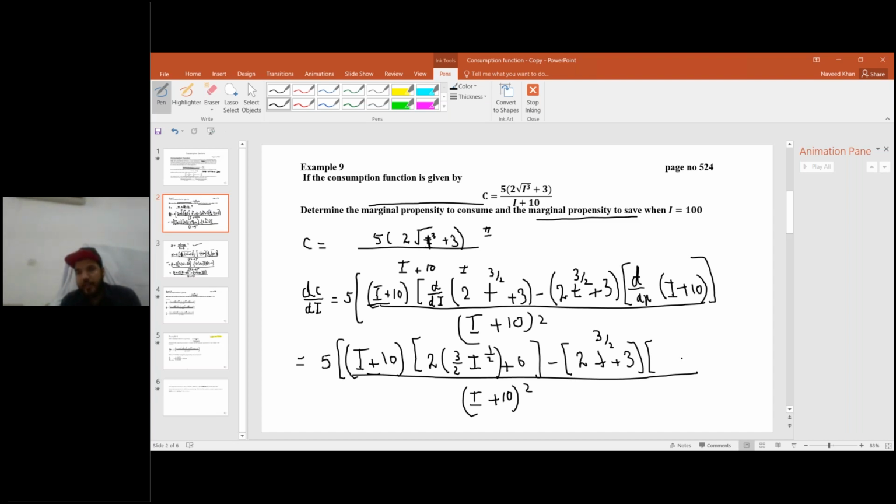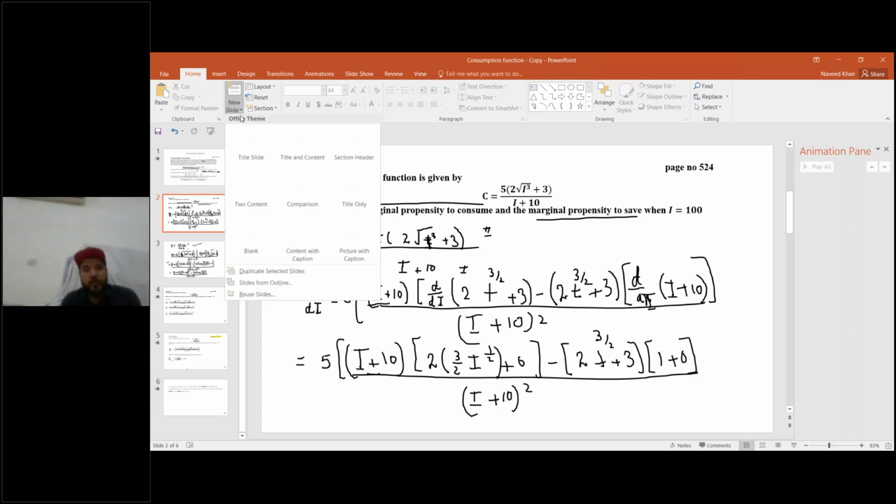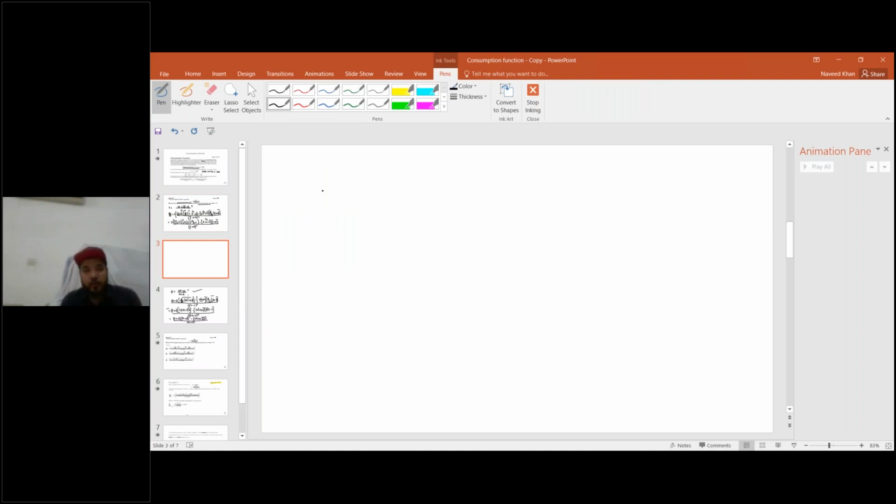The derivative of I with respect to I becomes 1, and the derivative of the constant term becomes 0. So we have I plus 10 as our first function, and after taking the derivative, the 2 and 2 cancel, leaving I power 1 by 2.